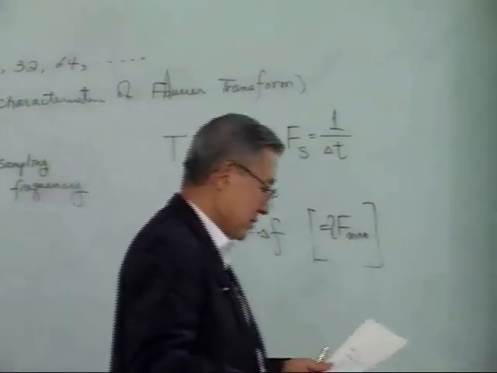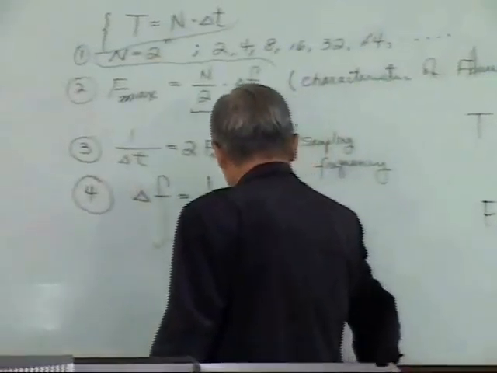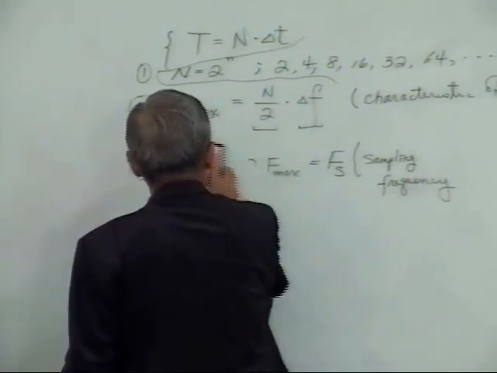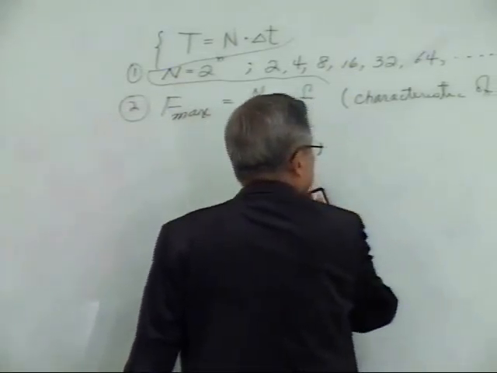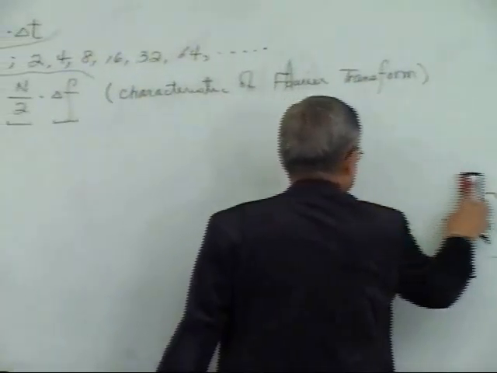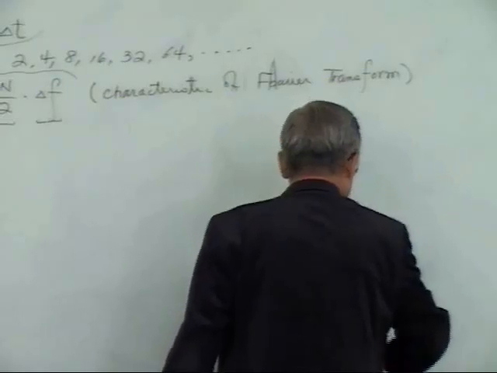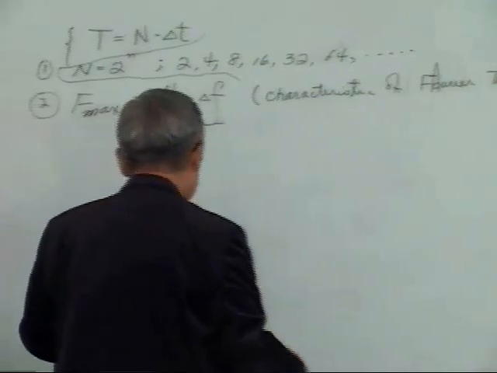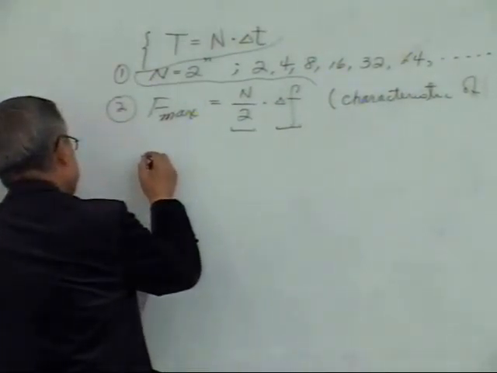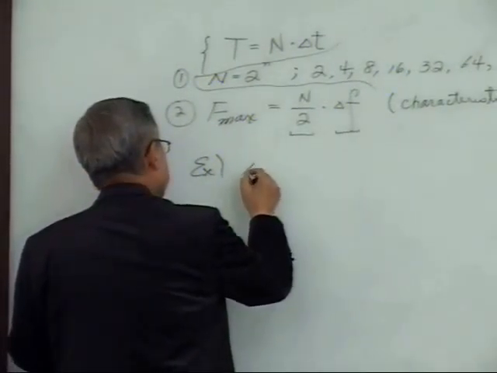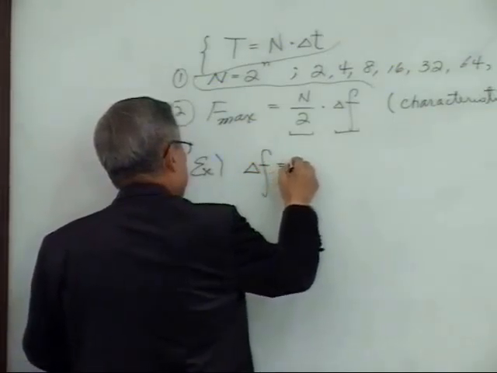Okay, let me give you a quick example to get the feel of it. T is 1 over delta F. I'm going to choose, for example, delta F of 5 Hertz.